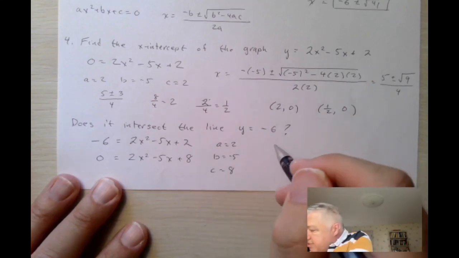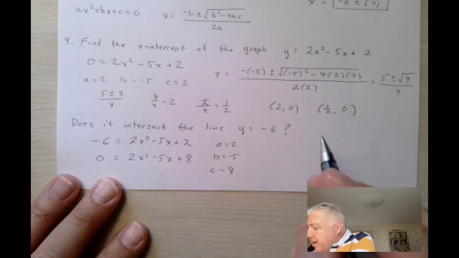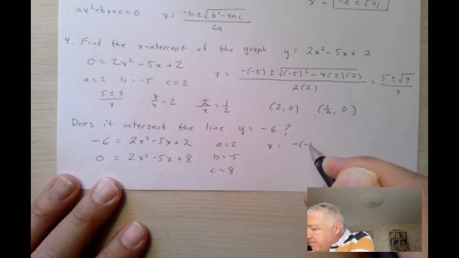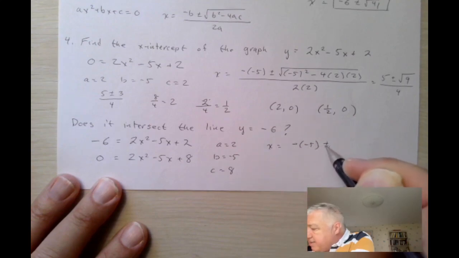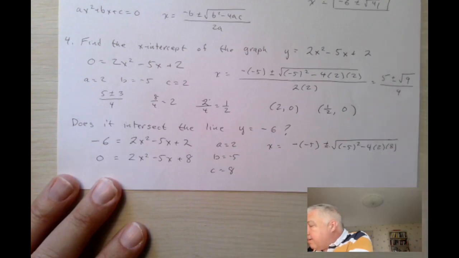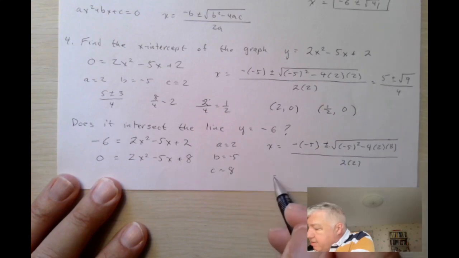And let's just go ahead, and we'll see that if there is a solution, x would be negative of negative 5 plus or minus the square root of negative 5 squared minus 4 times 2 times 8, over 2 times 2. And this becomes 5 plus or minus.